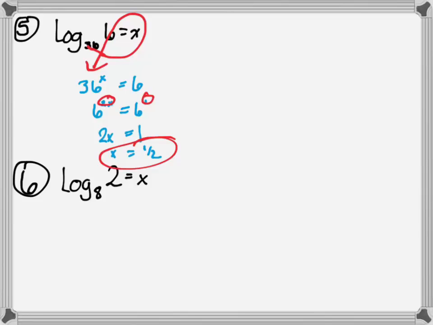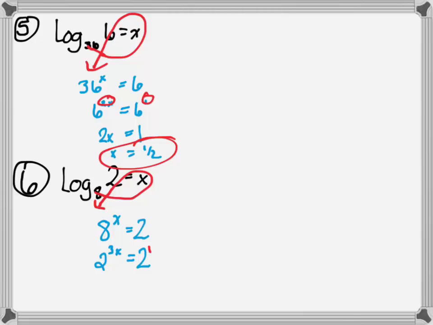Let's do another one of these. 8 to the x power is equal to 2. So 8 is 2 cubed. So 2 to the 3x is equal to 2.